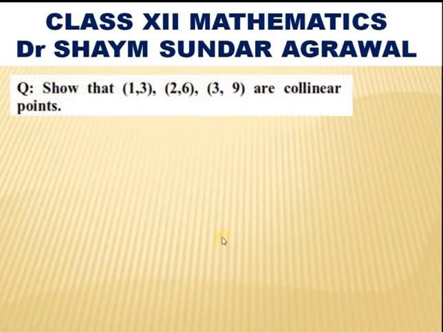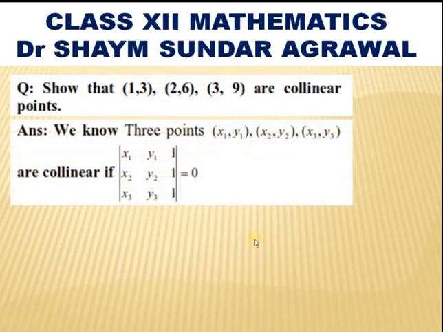Let us explain that with an example: whether the three given points (1, 3), (2, 6), (3, 9) are collinear. Here we have to show that the area bounded between them is 0. We know the three points are collinear if the determinant of x1, y1, 1, x2, y2, 1, x3, y3, 1 is equal to 0.